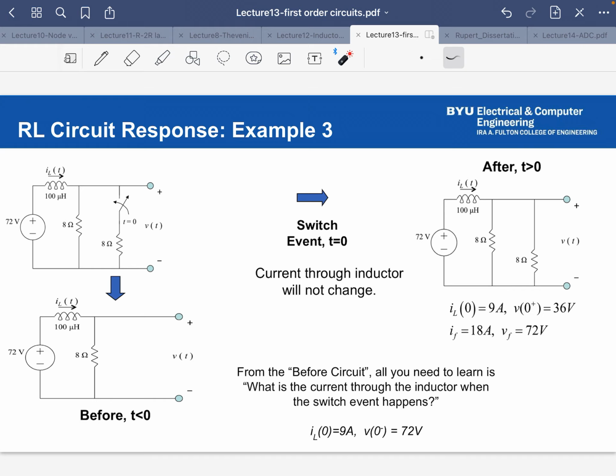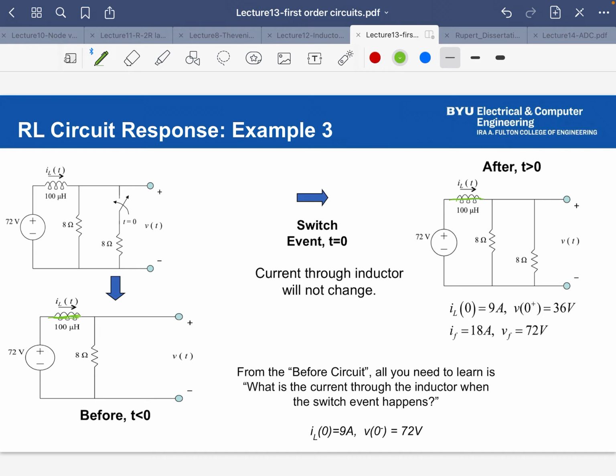What are we trying to find? Okay, if we're trying to find IL, then IL is going to be 9 amps. Here we could think of this as a wire when t is greater than 0. Now, after the switch has been closed and we let the circuit settle out, the current here won't be changing.